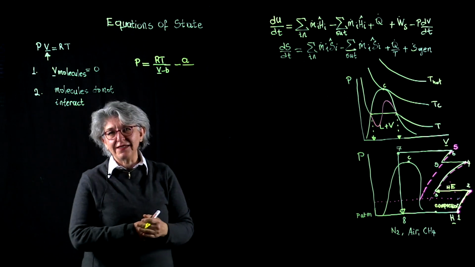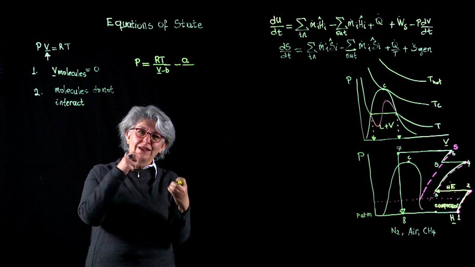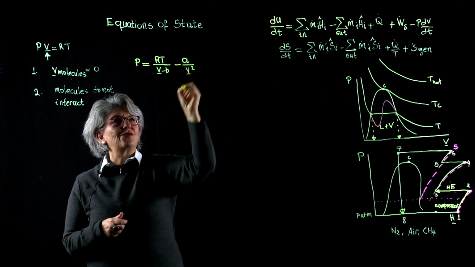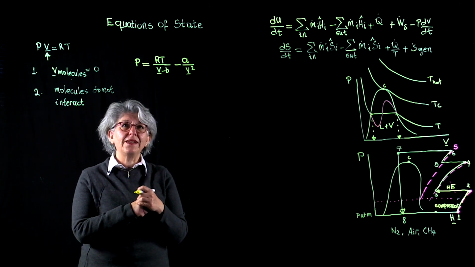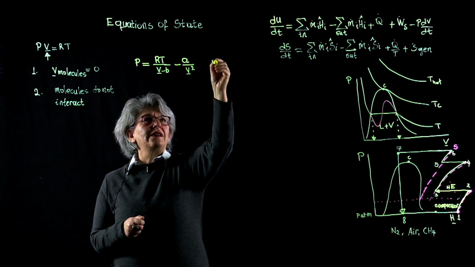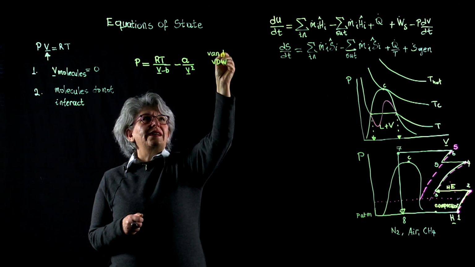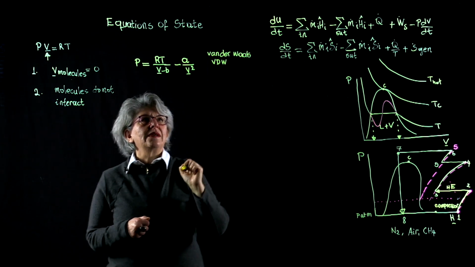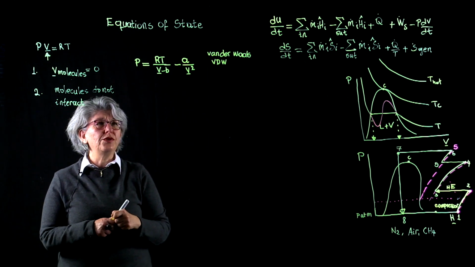And the fact that I need two molecules to attract one another requires a concentration-squared representation. So I have V square here. So with this reasoning, I have a cubic equation of state. This one is the van der Waals equation of state. I'm going to refer to this equation of state with the acronym VDW.